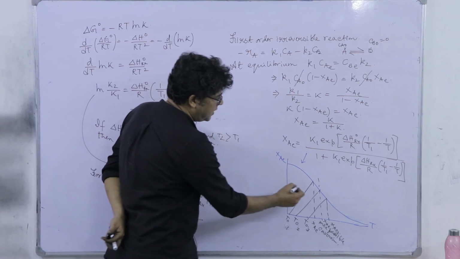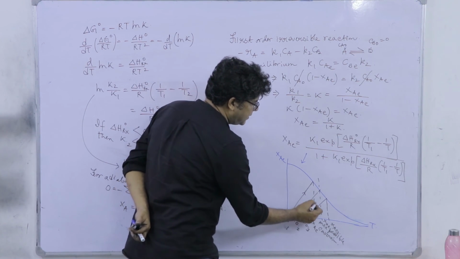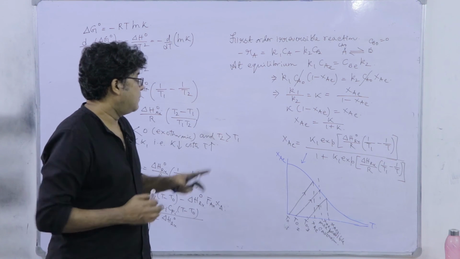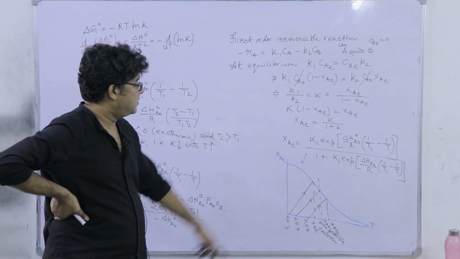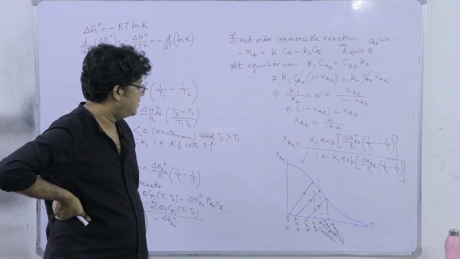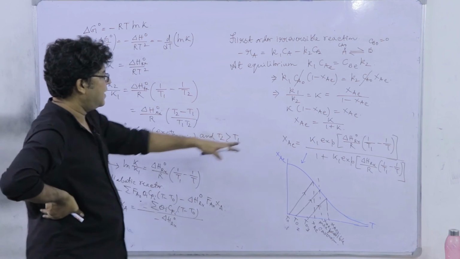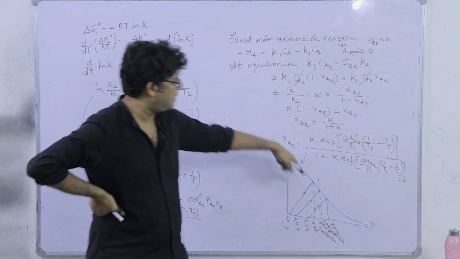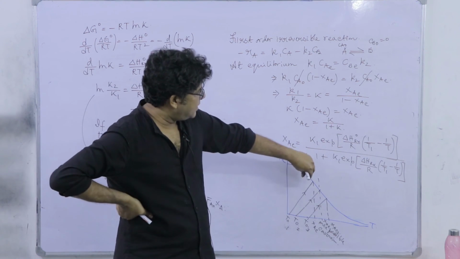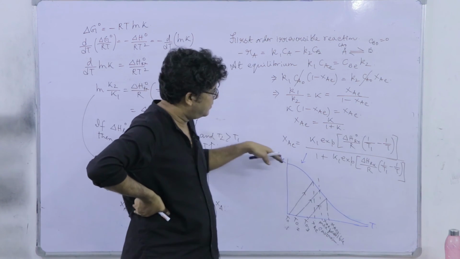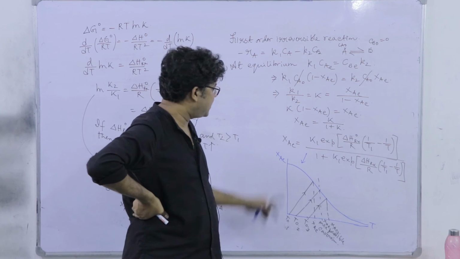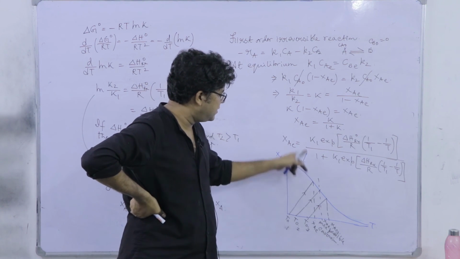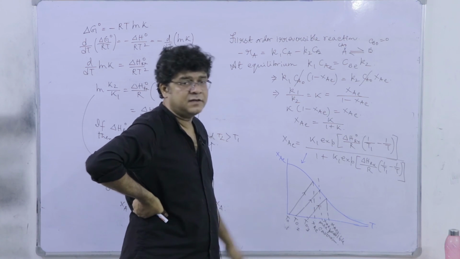So what we observe here is that if we start with a higher initial temperature, my maximum possible conversion progressively decreases, because the XA versus temperature plot intersects this XAE versus T, and that is the envelope of the maximum possible conversion, because this is the equilibrium conversion. So equilibrium conversion is limited based on my initial temperature.